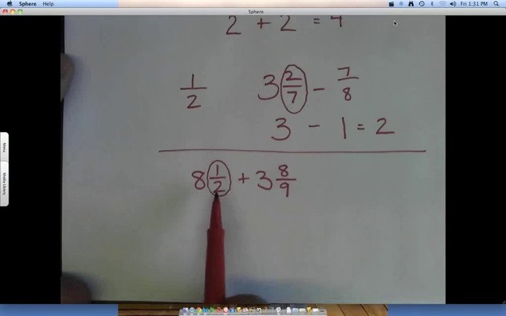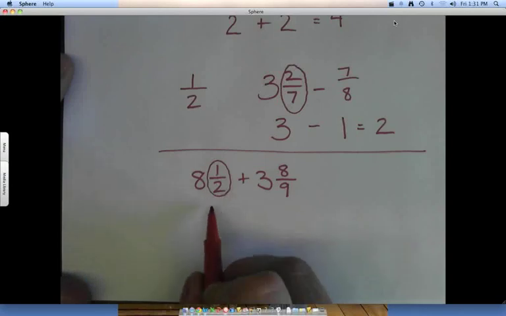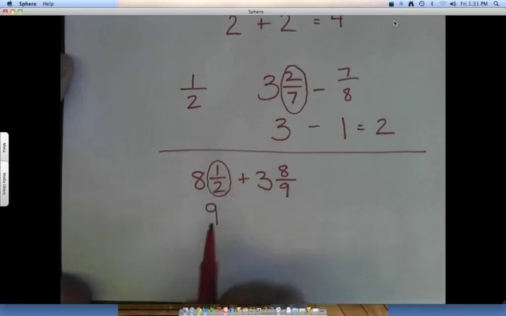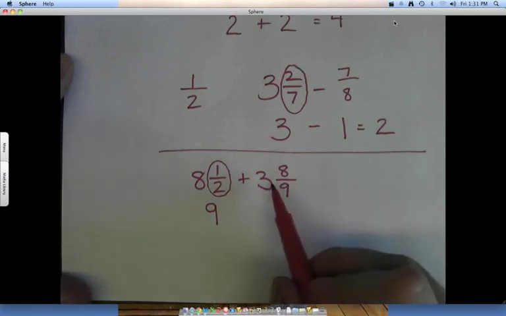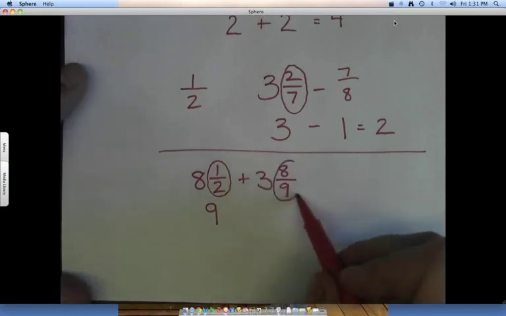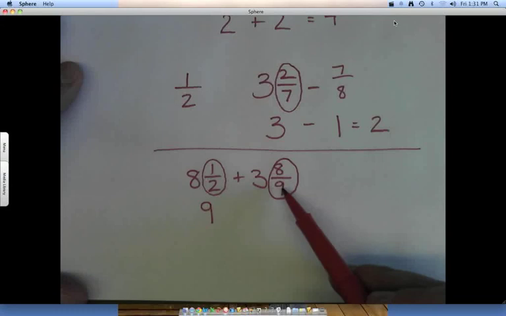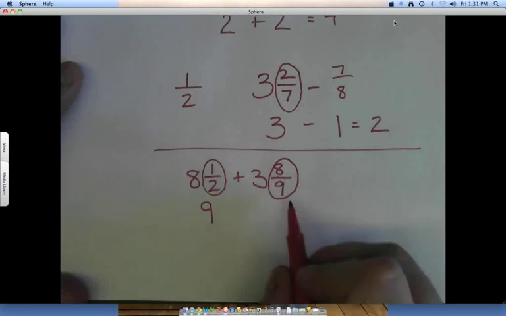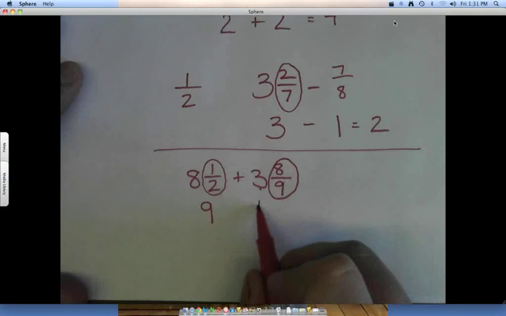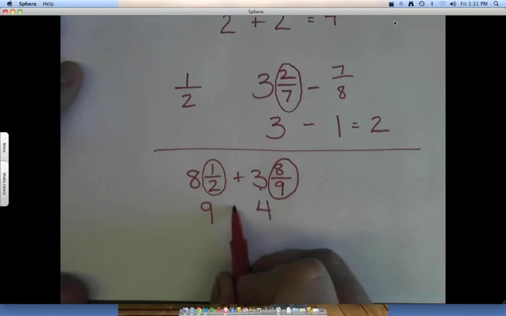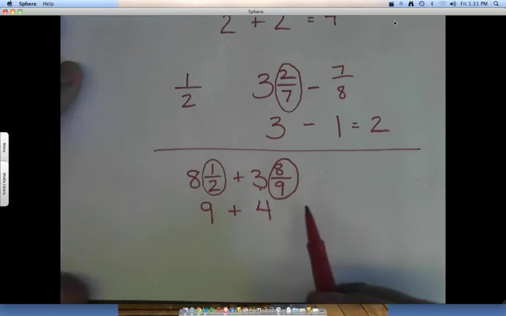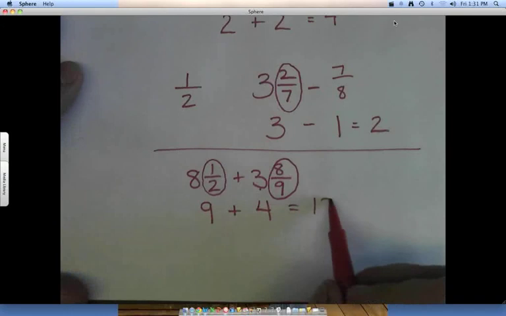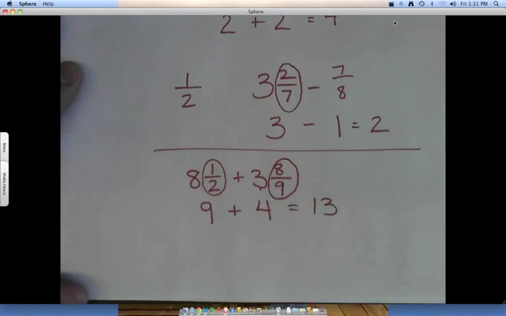So since it is half or greater, I'm going to round up. Same thing with 3 8/9. Half of 9 is 4.5. Is 8 equal to or greater than 4.5? Yes, it is. So that makes my 3 turn into a 4. Now I add my two whole numbers together and I get 13.